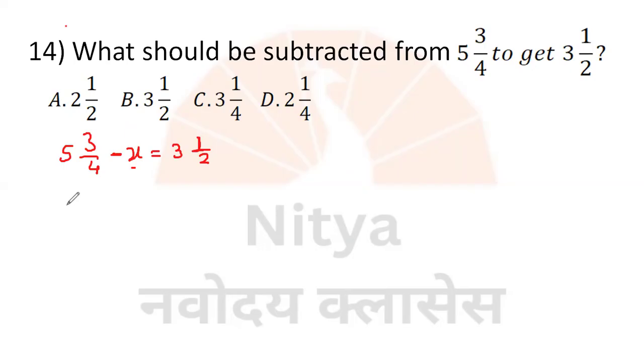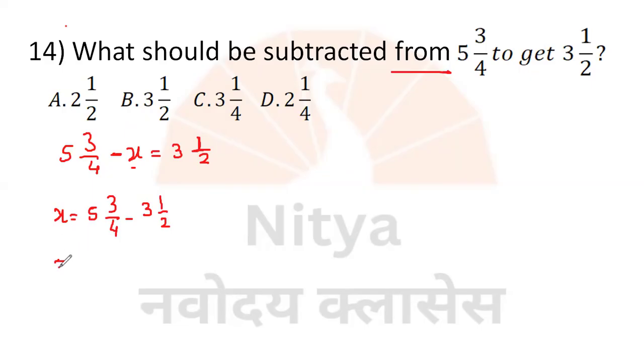Okay, so now what do we have to do? See here, x equals 5 3/4 minus 3 1/2. We have to subtract because they are saying "from." From means you have to subtract this number from this, no? So 5 3/4 and 3 1/2.